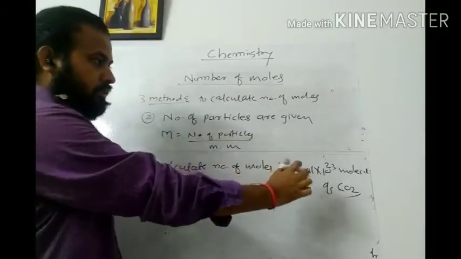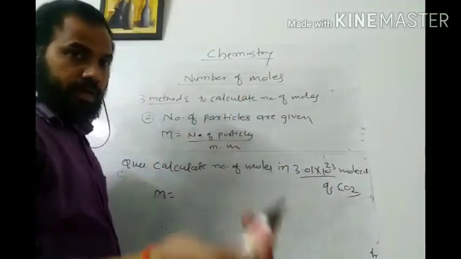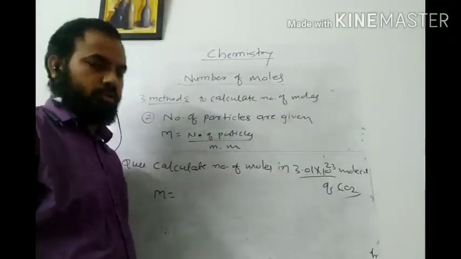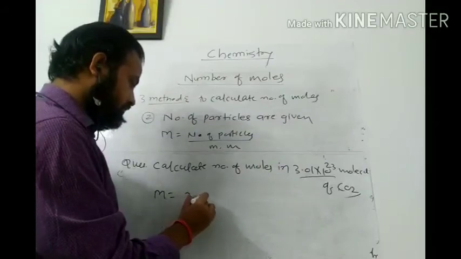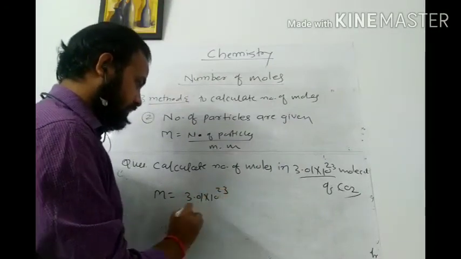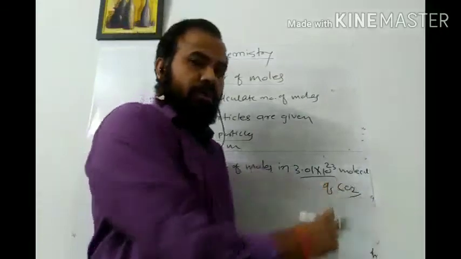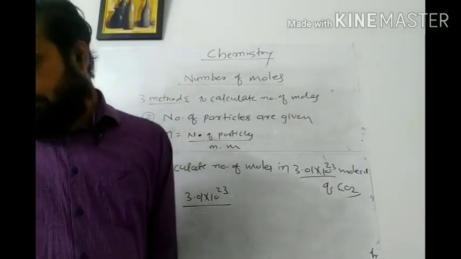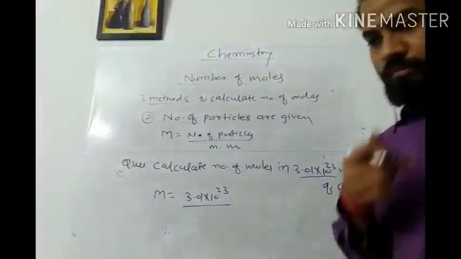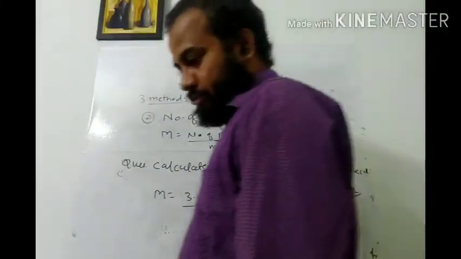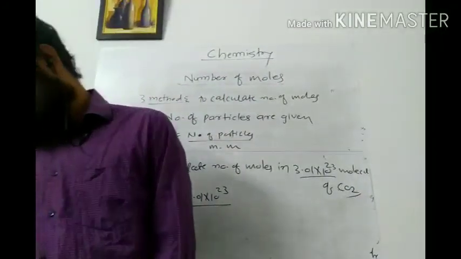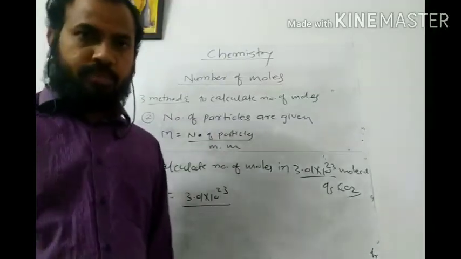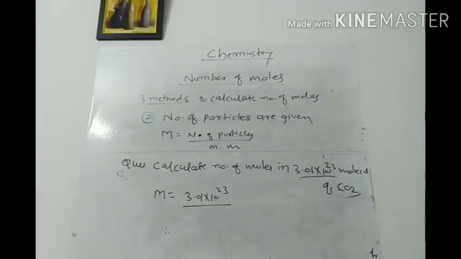Number of particles may mean molecules, atoms or ions; again I will discuss this, or here you can use number of entities, no issue. It is given that there are 3.01 into 10 raised to 23. Only we have to calculate the molecular mass of CO2. You can calculate the molecular mass of CO2, and it will give your answer in an easy way.